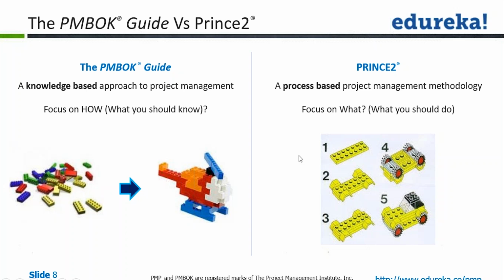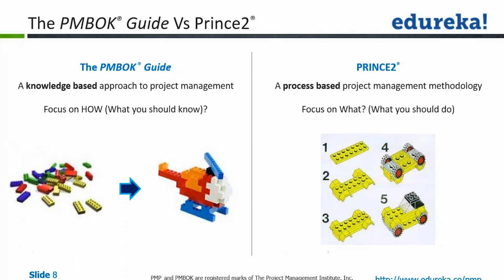So the PMBOK guide is basically a knowledge-based approach to project management, which focuses on what you should know, how you're going to do that. Whereas Prince2 is a process-based methodology which focuses on what you should do. In a nutshell, I'll give you a simple example. Suppose you bought a car.